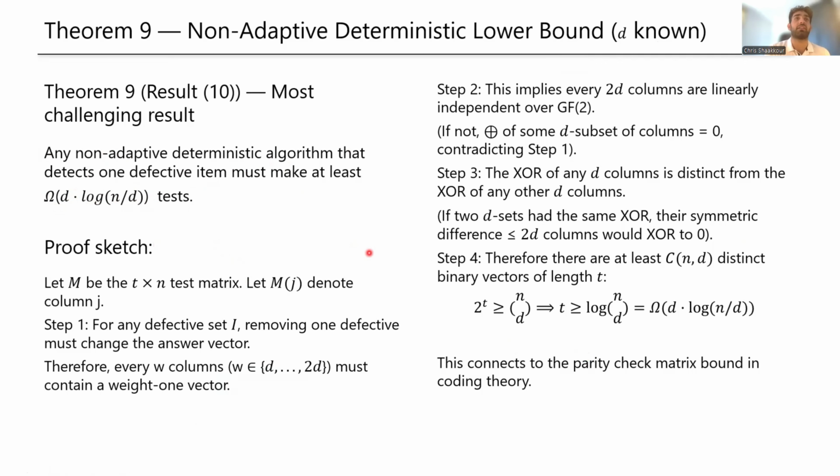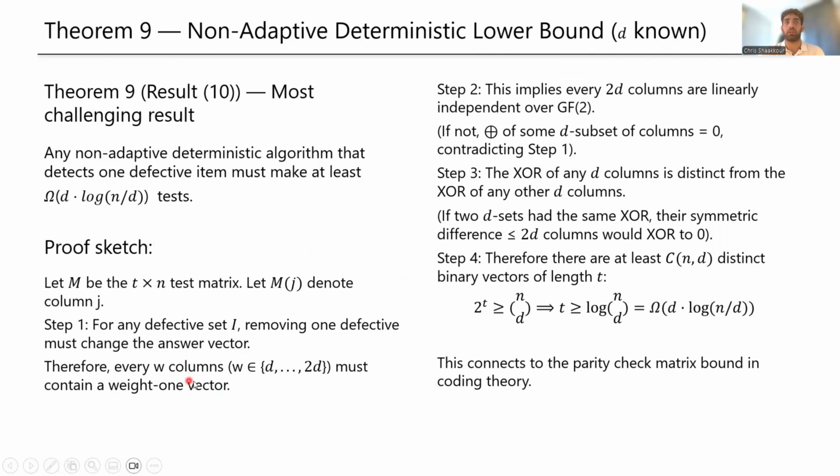Let M be the T by N test matrix, and let Mj denote column j. So step number 1: for any defective set I, removing one defective must change the answer vector. Okay, if we remove one defective from the set we're running the algorithm on, it's gonna change the answer.